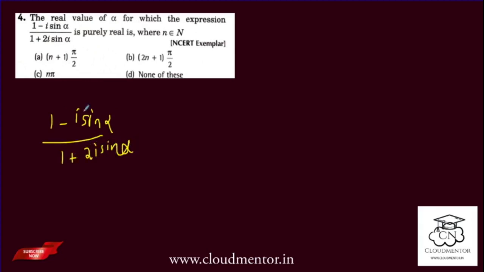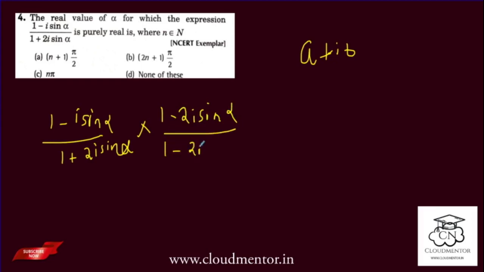We have to change this to the standard form, that is a plus ib of a complex number. So we are going to multiply it with the conjugate of the denominator, that is (1 minus 2i sine alpha) divided by (1 minus 2i sine alpha).